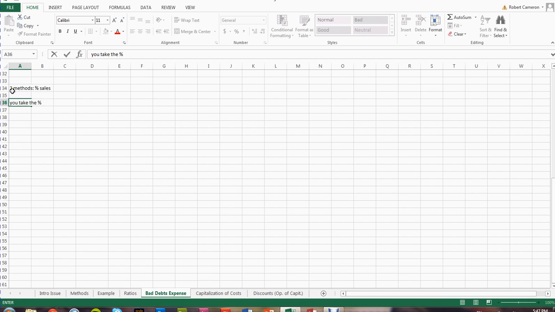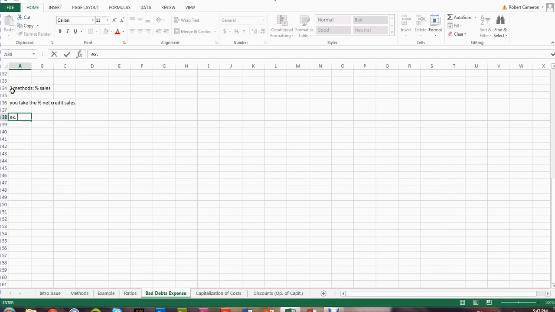Obviously we don't want to include the sales that are in cash because we already have that money. So we say percent of net credit sales. Sales just means credit on account, sales that we did not get cash for immediately. And again, the percentage will just be given to you because it's a management estimate.